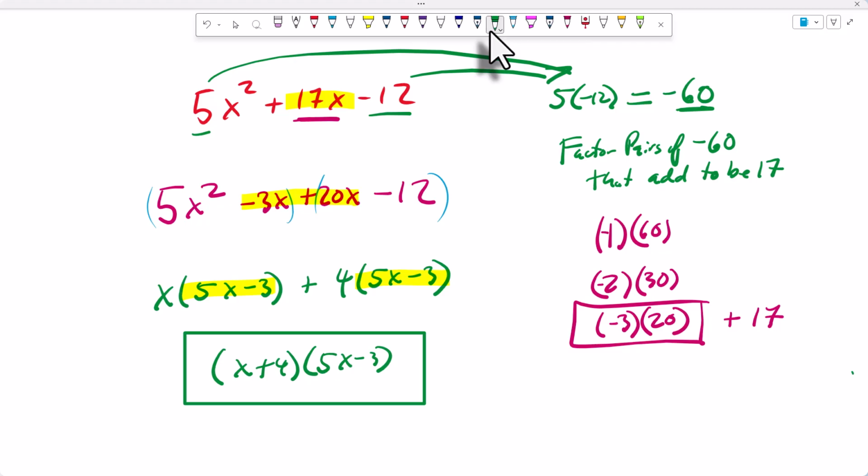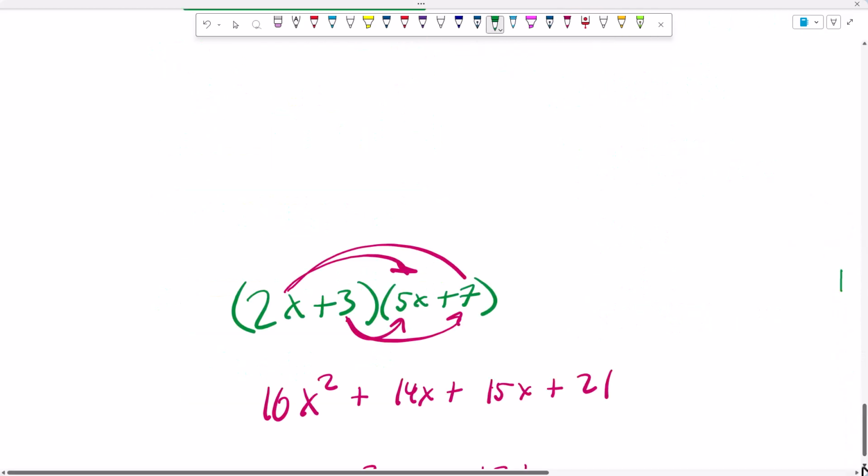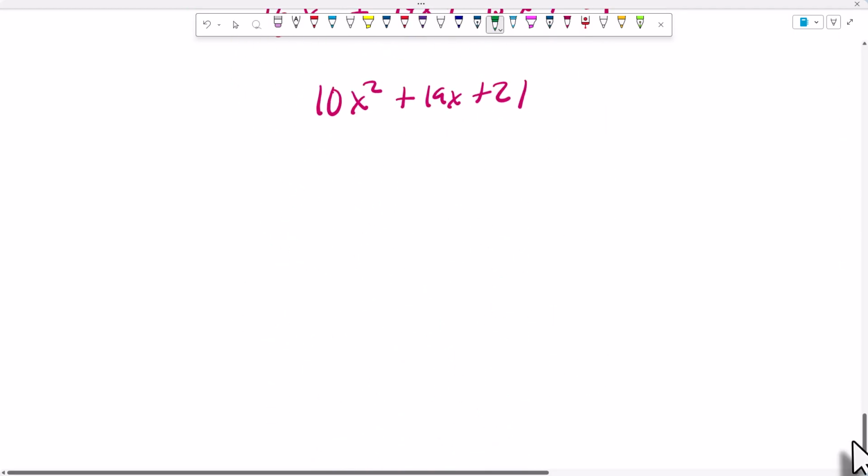Okay. So this is important. When the leading coefficient is not 1, we multiply the leading coefficient by the constant, then look for factor pairs of that number. Try this one on your own.